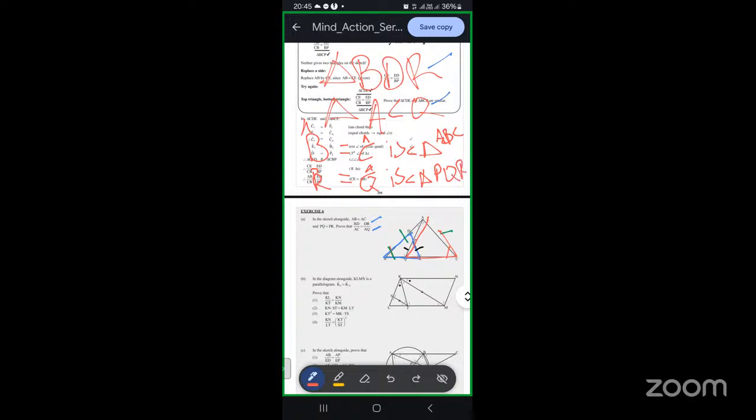Then the last one will be angle D. Don't forget that it will be equal to angle A, the reason being the third angle of the triangle. Therefore, triangle BRD is similar to triangle CQA. Then you are done proving this.